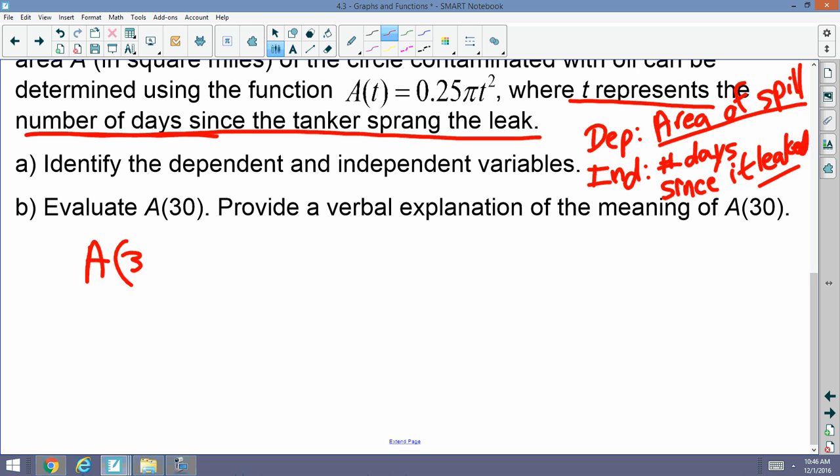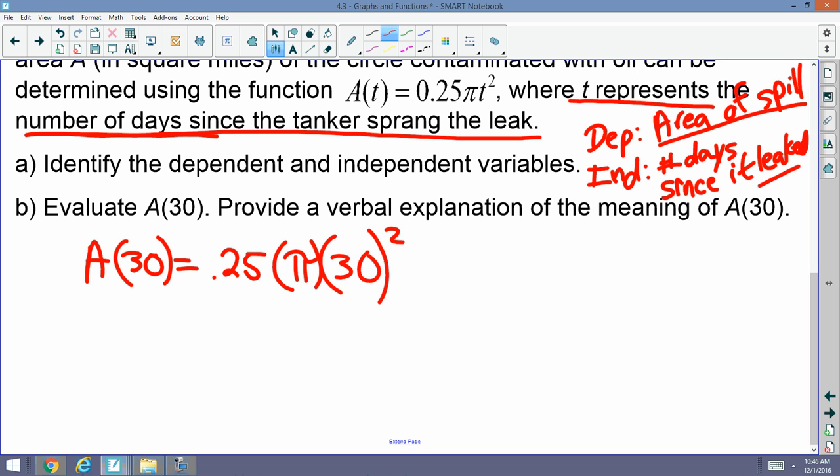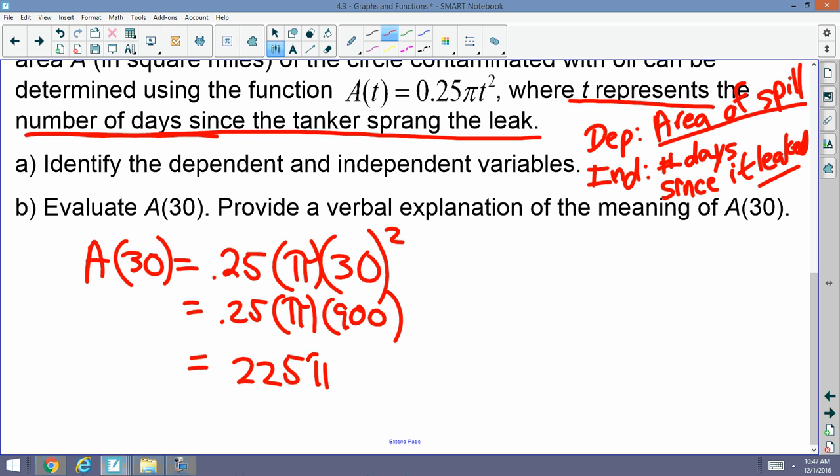So A of 30 equals 0.25 pi times 30 squared. So this is going to equal 0.25 times pi times 900. And 900 divided by 4 is 225. So this will equal 225 pi square miles because it's an area.